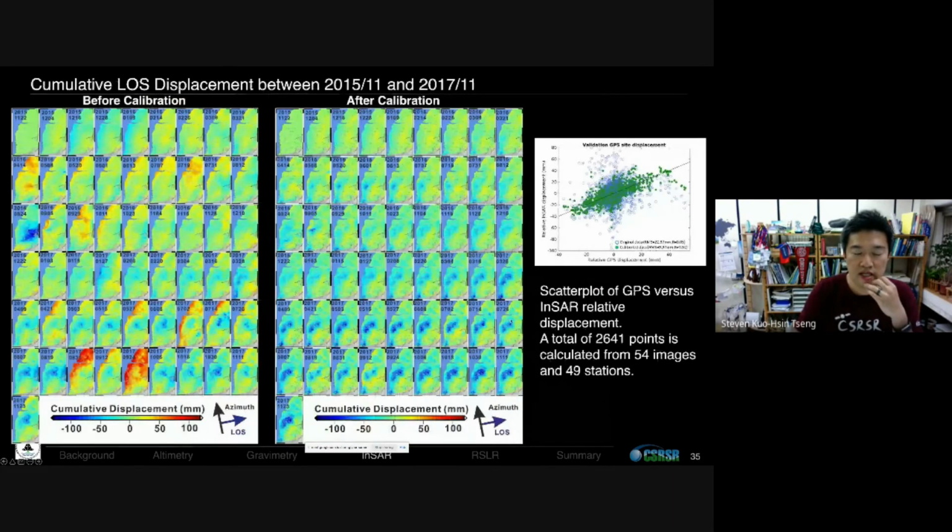So this is the so-called calibrated time series of the InSAR result. Now you can see that thanks to the GNSS network of these very small circles, small dots, the InSAR time series becomes very smooth, very meaningful. So you can see that in this so-called Taoyuan County, not Taoyuan, sorry, Yunlin County, we have stronger subsidence.